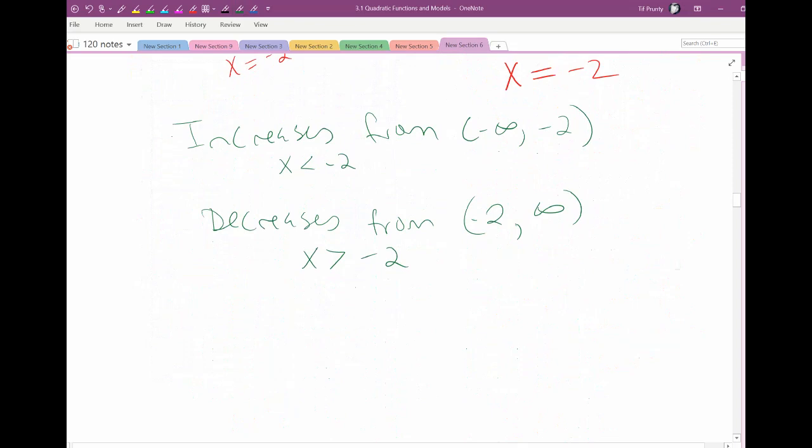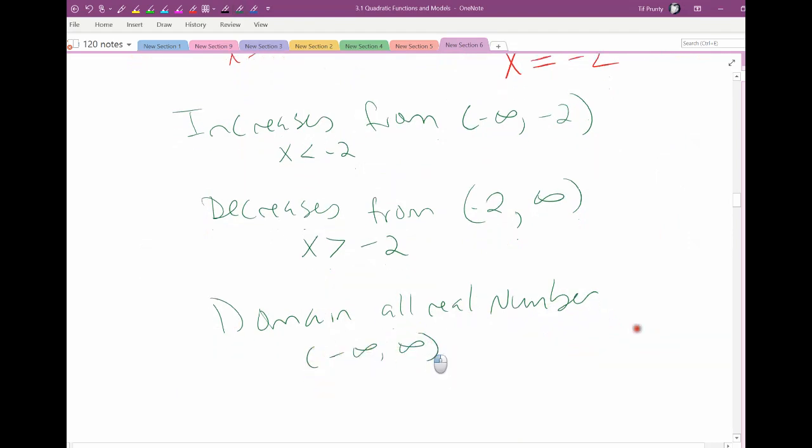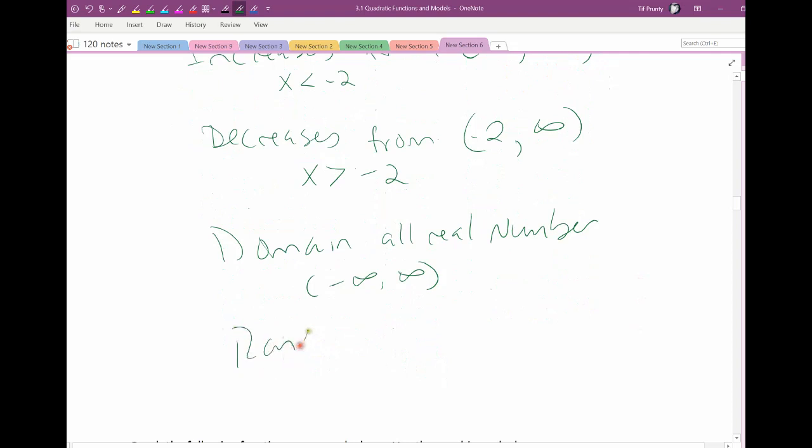And then the last thing I was asking for, besides increase and decrease, was the domain and range. The domain for quadratics is all real numbers. I can plug anything I want into a quadratic, so -infinity to infinity would be the interval notation. The range, however, depends on where the vertex is, whether it's a maximum value or a minimum value. It's my y values.